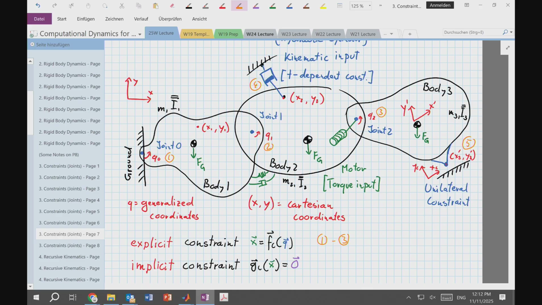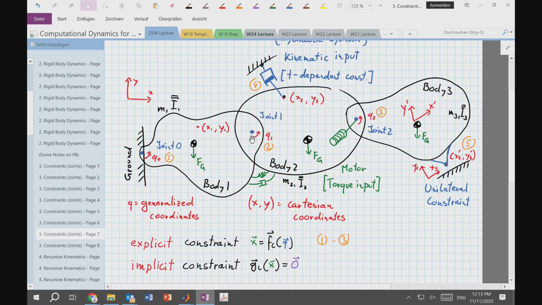I could just say that this distance here is equal to some value that depends on time. Very similar to what we wrote down here. And in this case, that would be the only constraint. Because all this hydraulic cylinder does is rotate here, rotate there, and constrain the length. So writing that as an implicit constraint would be much, much easier.